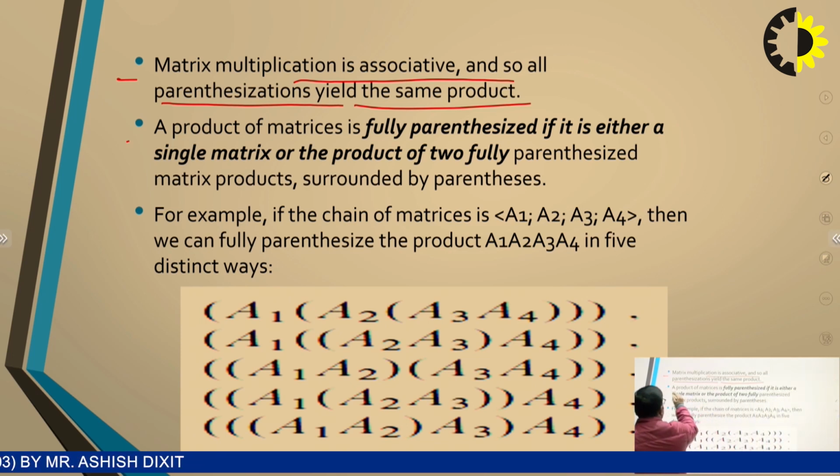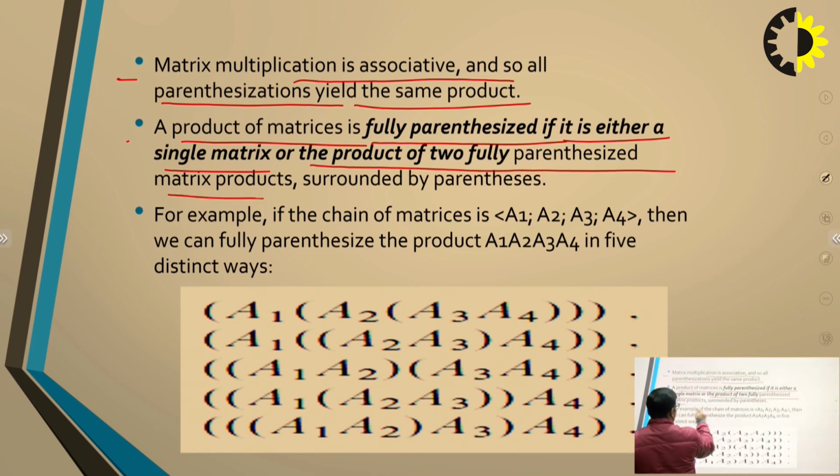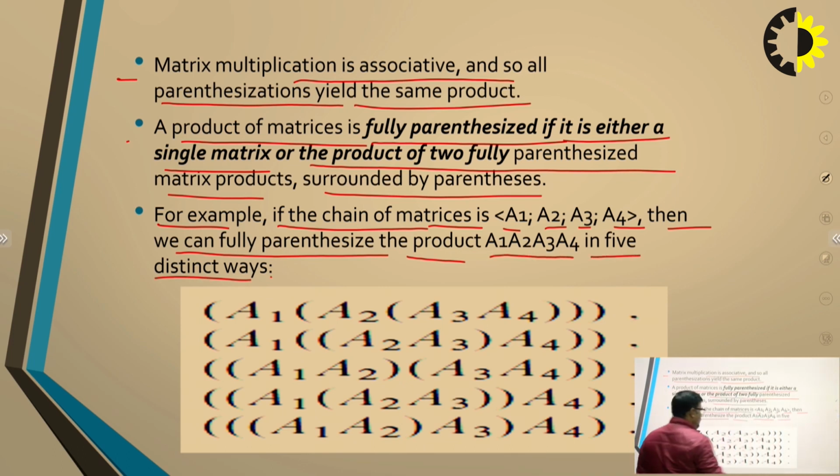Third thing, a product of matrices is fully parenthesized if it is either a single matrix or the product of two fully parenthesized matrix products surrounded by parentheses. Next thing, for example, if the chain of matrices is A1, A2, A3, A4, then we can fully parenthesize the product A1, A2, A3, A4 in 5 distinct ways. Okay.